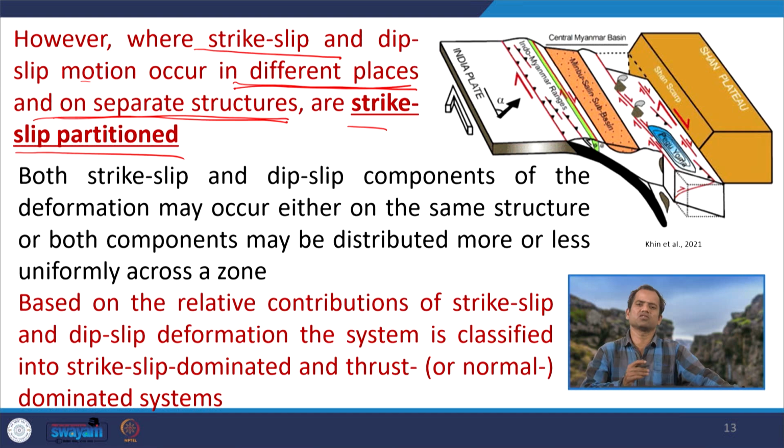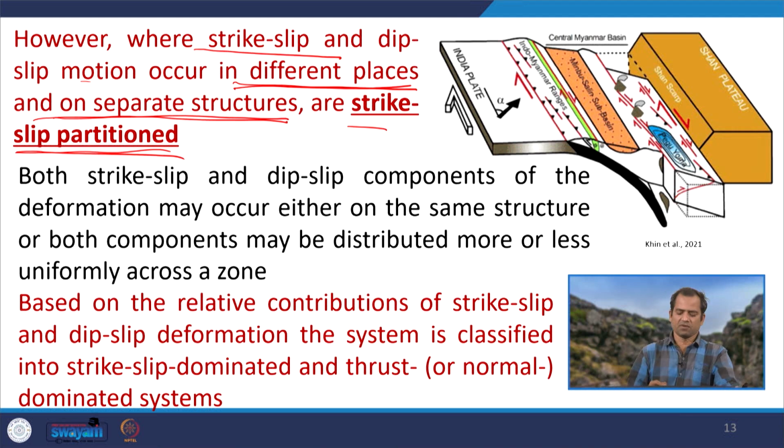So, one structure will completely show a strike slip motion, and another structure will completely show either a compressional or an extensional system. That means the strike slip component is totally partitioned from the dip slip component. So, that is why it is called strike slip partitioning.